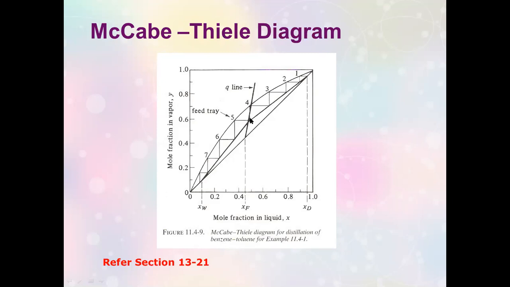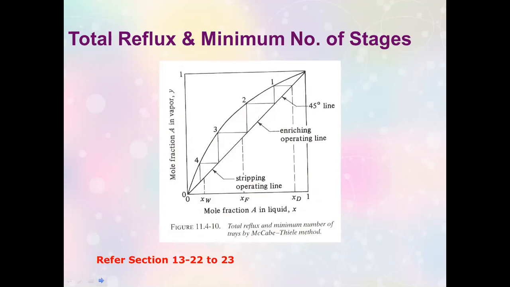So the very first instance that you're going to transfer from one section of your column to another, this is your feed plate location. The feed tray is on the 5th plate from the top of the column, or now it's the first plate on your stripping section, because your feed tray is part of the stripping section. So that's a short review of what we've discussed last meeting.